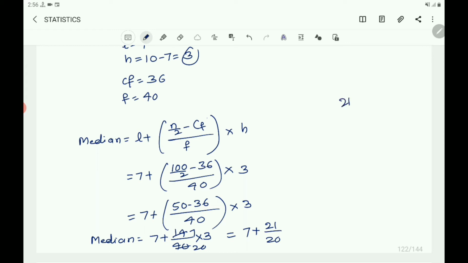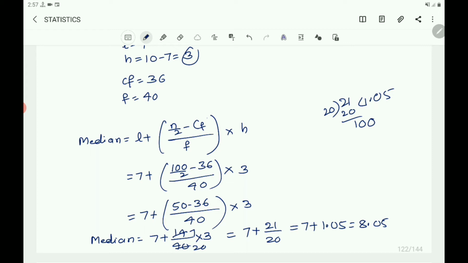Then you divide 21 by 20, you will get 1.05, that is 7 plus 1.05 equals 8.05.